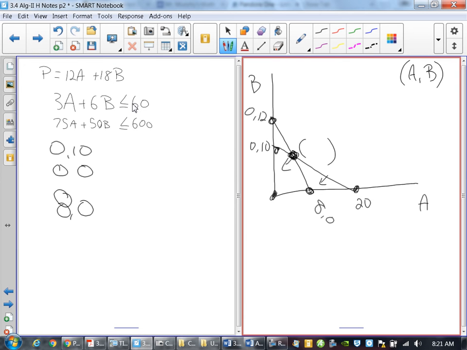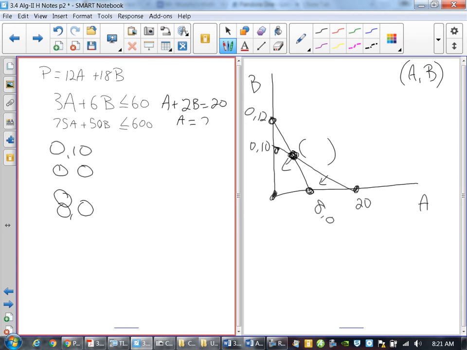The quickest way to do the intersection of that one is you can just say that A plus 2B is, if I divide everything by 3, A plus 2B is 20. So A is 20 minus 2B. You can do any linear combination, any type of method on that one. All I did there is divide everything by 3, and then I'm just going to substitute in.